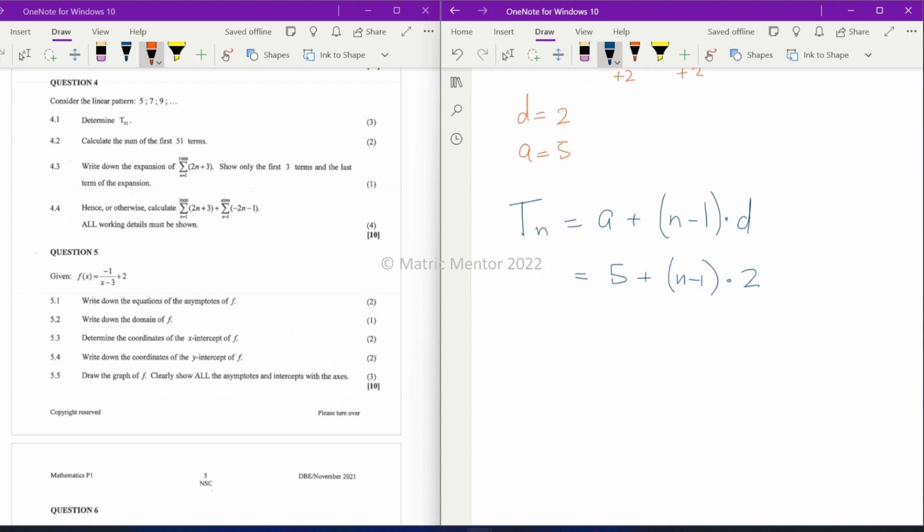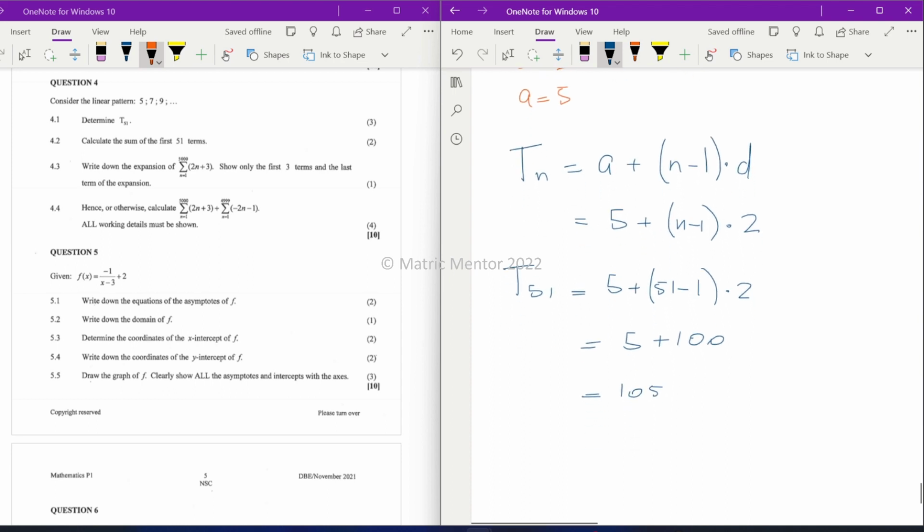And term 51 would be calculated when we substitute 51 for n. So 5 plus 51 minus 1 times 2. This is going to be 5 plus 100, which equals 105. And that is our 51st term.